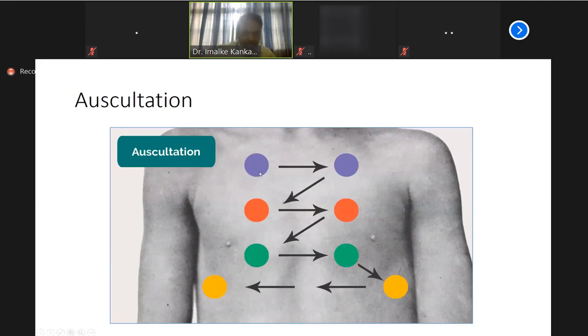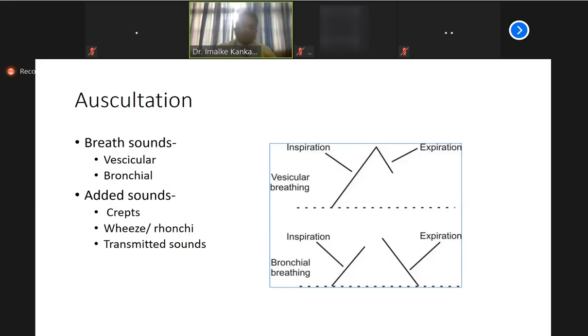So auscultation, go in this order, zigzag, right? Zigzag order. Go top to bottom laterally. It's like a Christmas tree pattern, right? Likewise. And auscultation, now in your respiratory system examination, the tip is, first thing, try to see whether this is a localized lung sign or generalized lung sign.